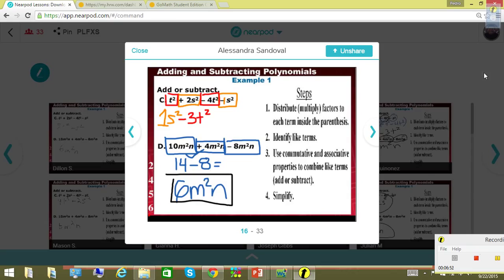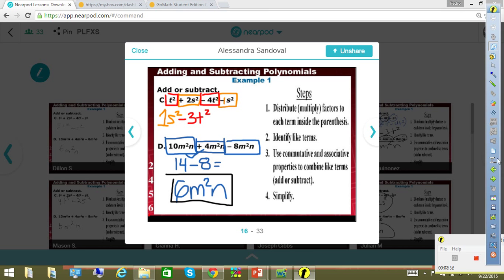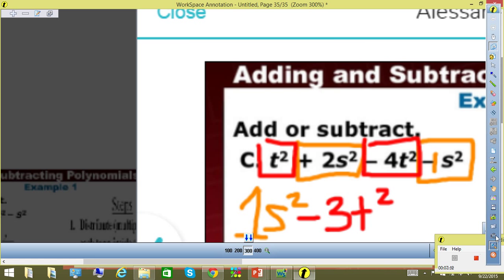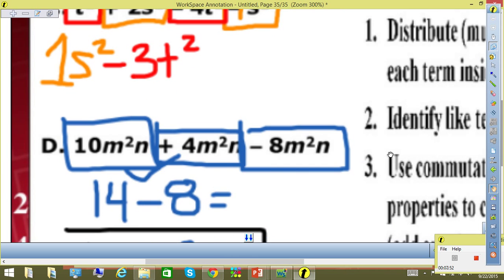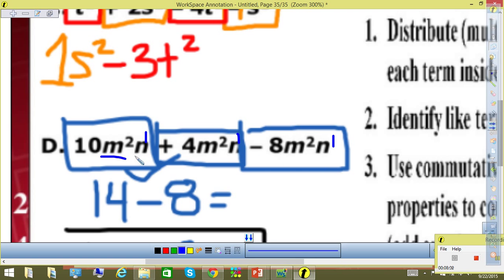Oh, I see. So you're saying that for this one, let me zoom in. Hold on. You're saying that for this one, putting ones here, like this, that's fine. But in this case, all we're saying is, are all these the same or like terms? Same variable, same exponent.